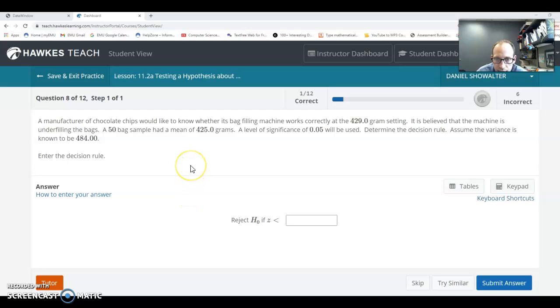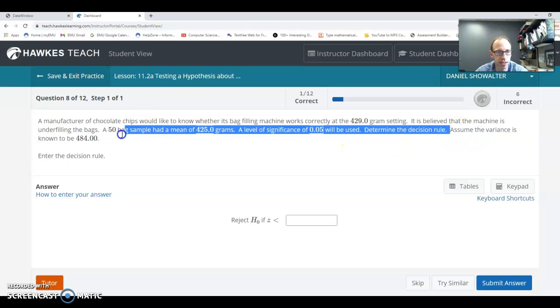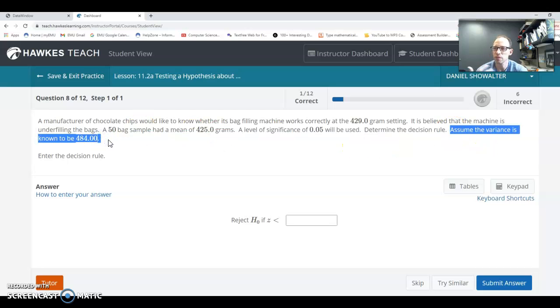Let's take a look at a second one here. Again, first thing we're looking for is whether or not we have sigma. Do we know the population standard deviation? Okay, it says assume the variance is known to be this. So because we say it's known to be, that's talking about population standard deviation.